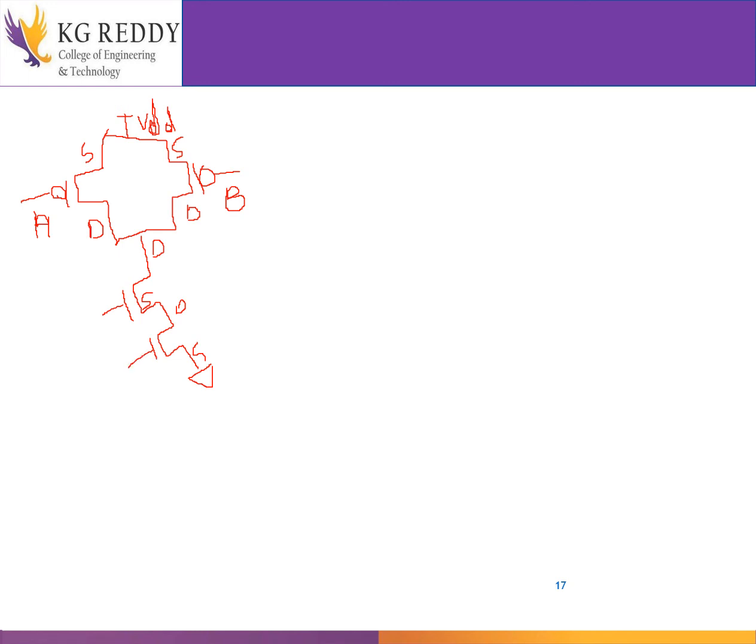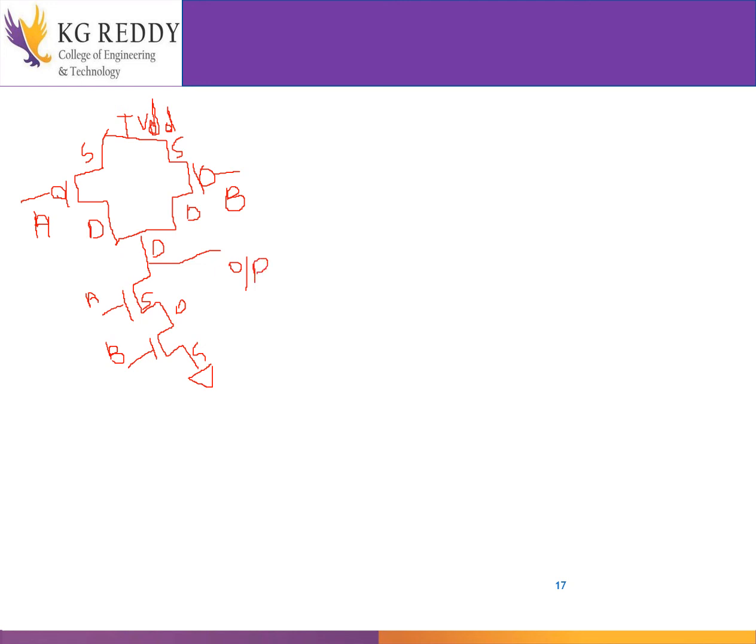So again this is input A and this is input B. Okay, and I take my output somewhere from here, right? So this is a simple representation of A dot B.